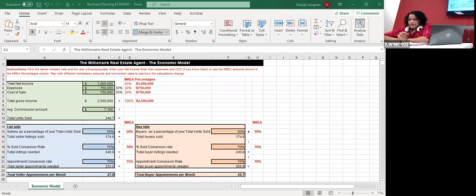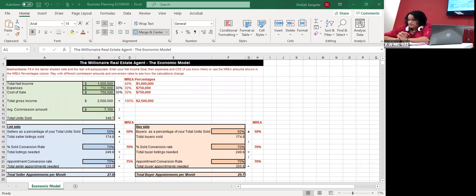Number two is not using the economic model as a guide to decision making, not looking at your business as a whole, not knowing or improving your conversion rates, not holding yourself to your goals, not knowing how much lead generation is required to secure the appointments needed, and not using the economic model to create the other MREA models, which are coming in future.